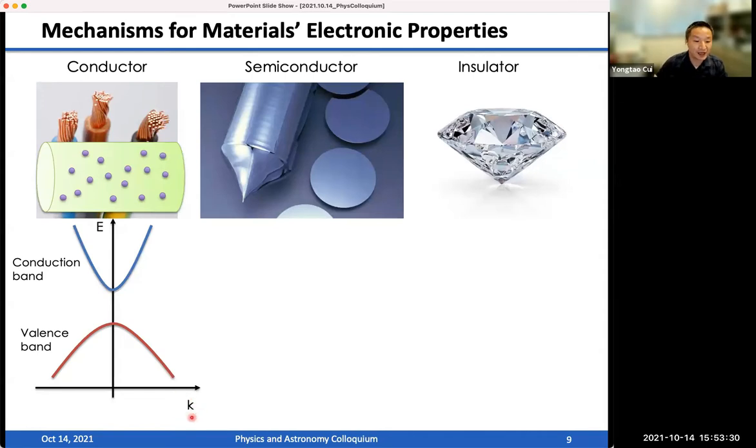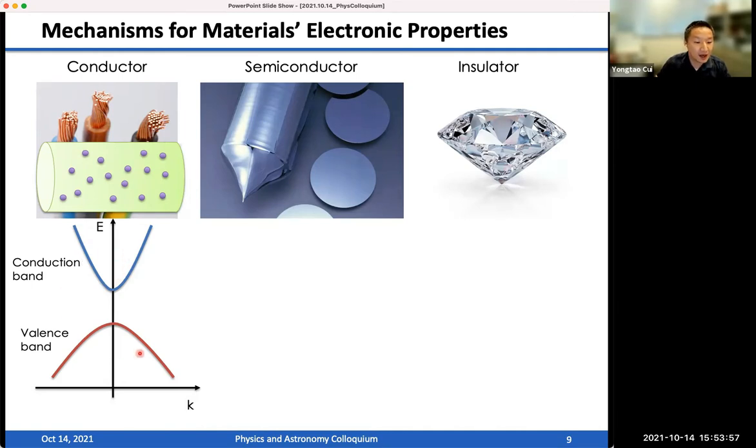We use this k to indicate their momentum. It turns out that in crystals, the band theory tells us that the energy states are aligned in the form of energy bands. That's a specific relation of energy with respect to momentum. When we put the electrons in the materials, they simply fill up these bands.